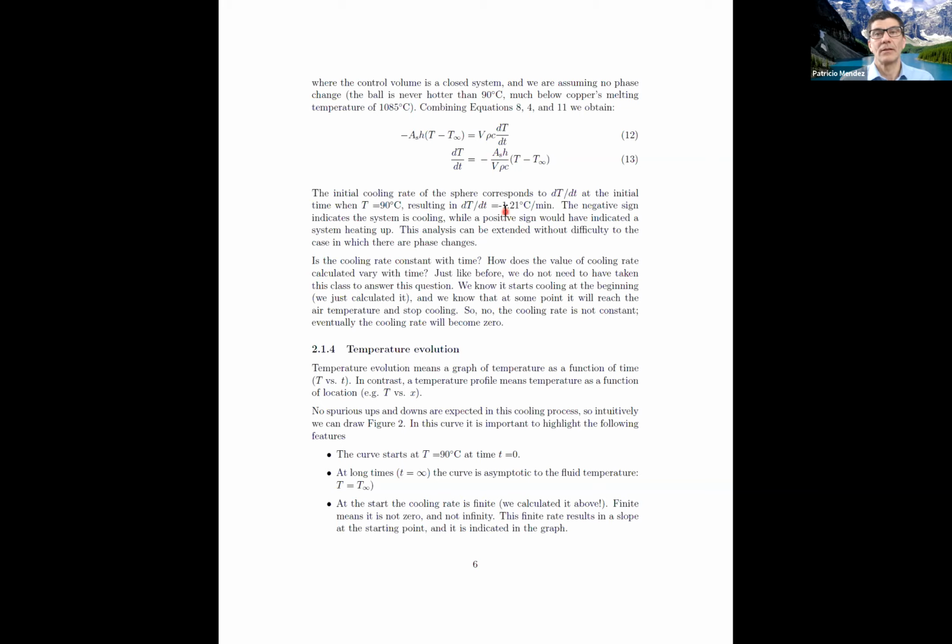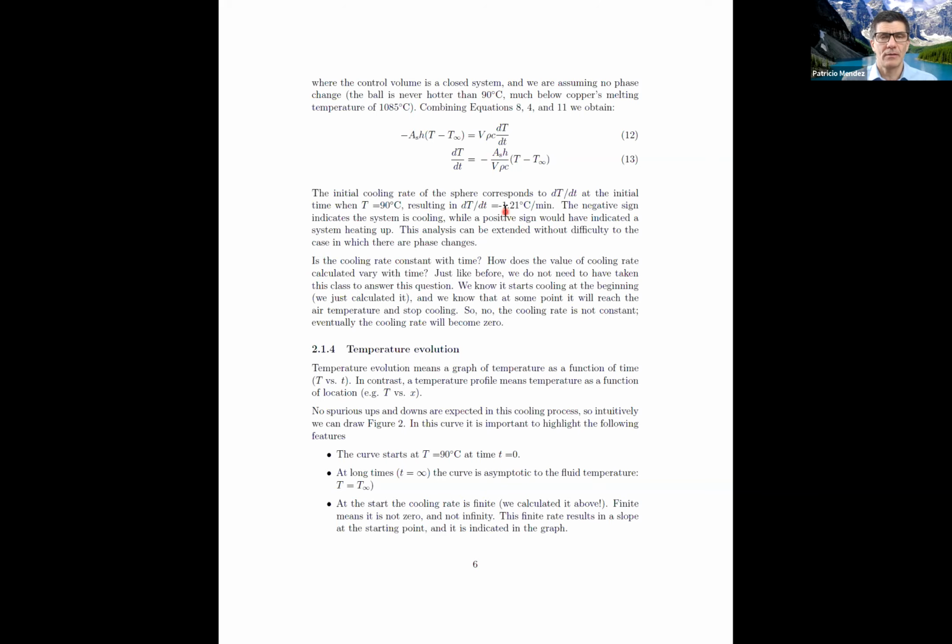That's pretty cool. We're talking about watts, but watts are very difficult to measure. And then with one more step based on an energy balance, we can say, okay, you know what? These watts we were talking about mean 1.21 degrees C per minute.